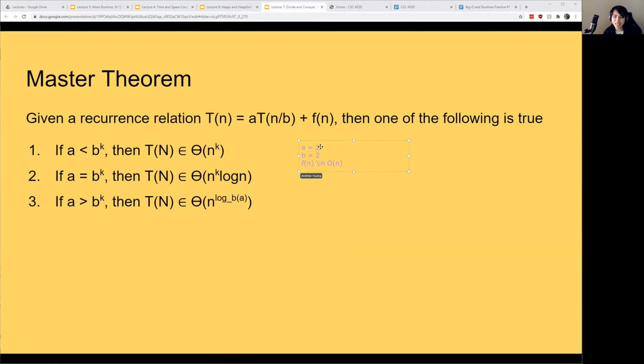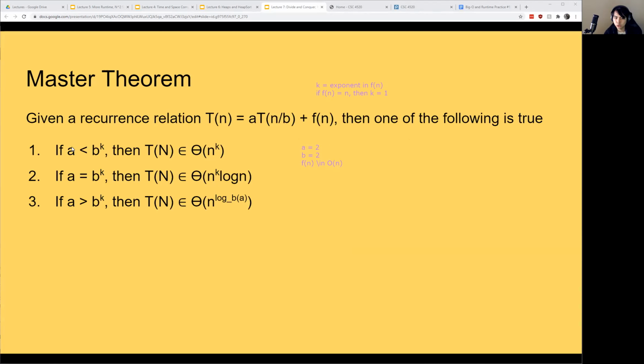But what you'll notice is that A is 2, B is 2, and if f of n is n, then this k is going to be defined. K is equal to the exponent in f of n, right? So if f of n is equal to n, then k is equal to 1 here. Then we can do the math here.